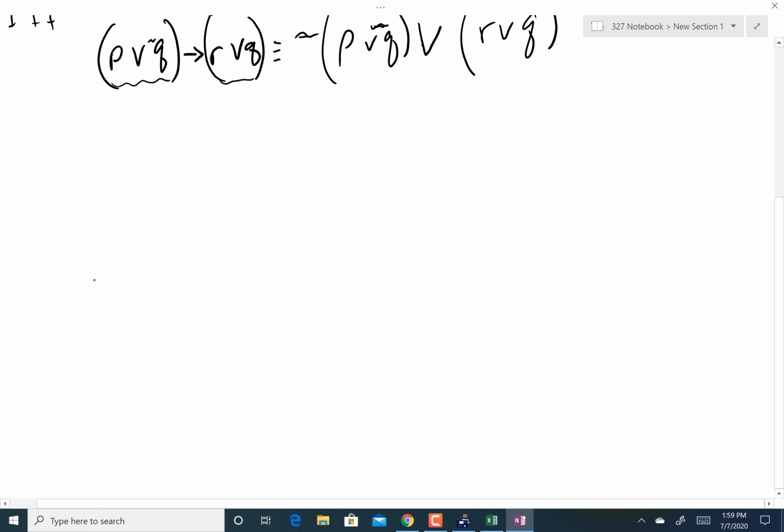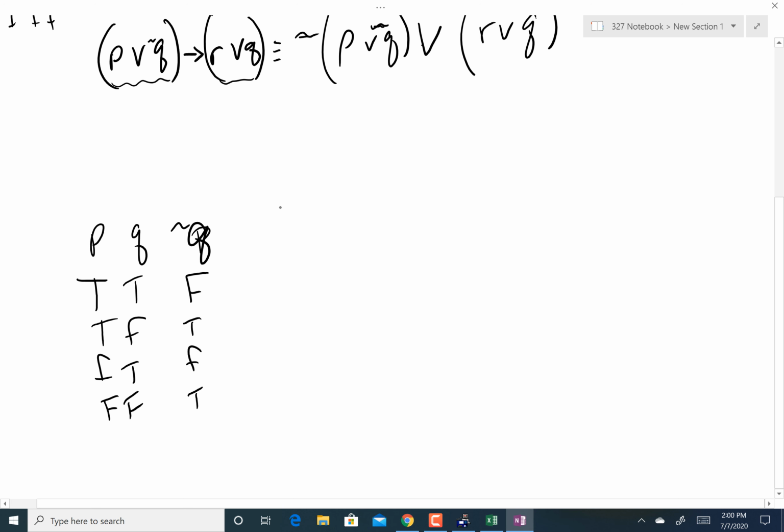So if you did P, Q, so that's, I need a not Q, so false, true, and so I need a P or not Q. That'd be true, true, false, true, and then I need the negation of that.